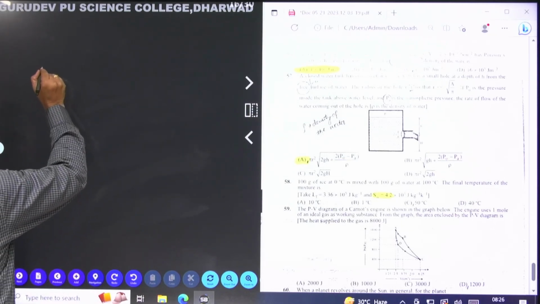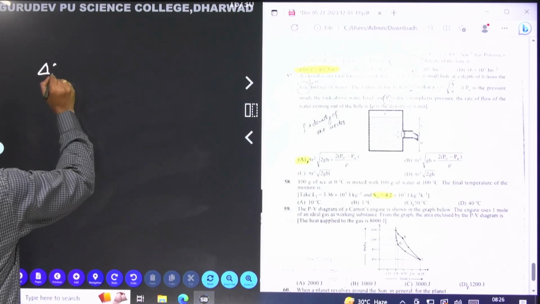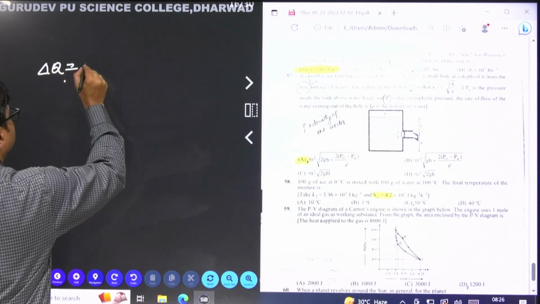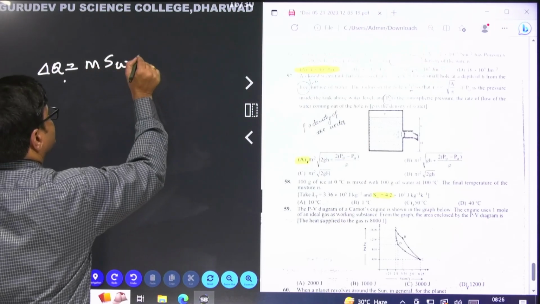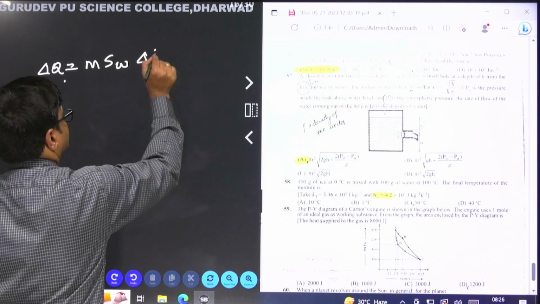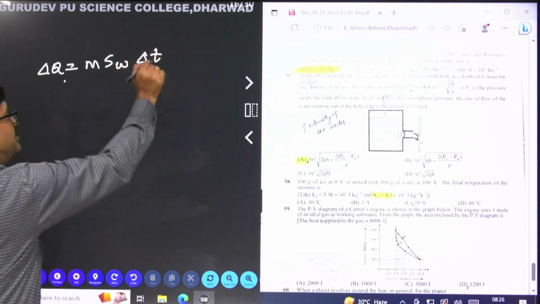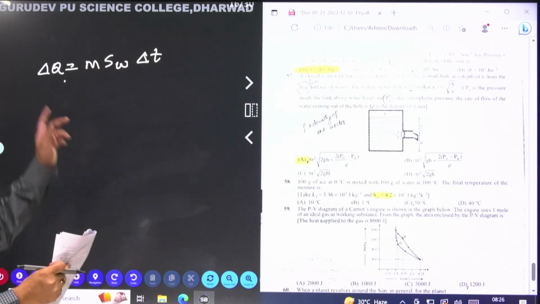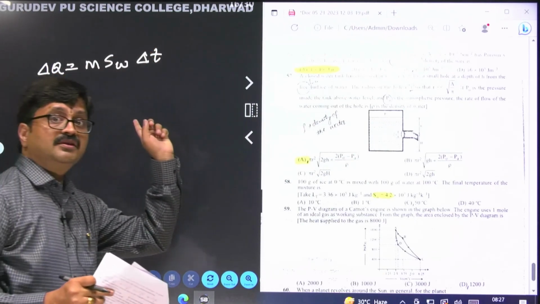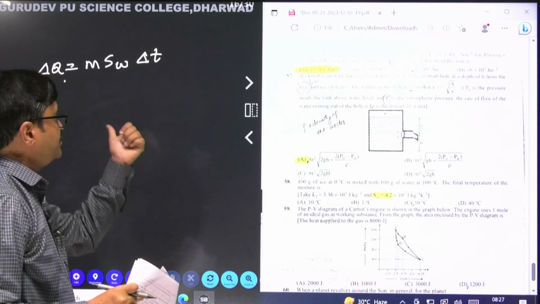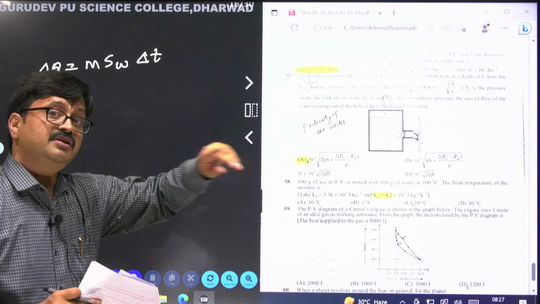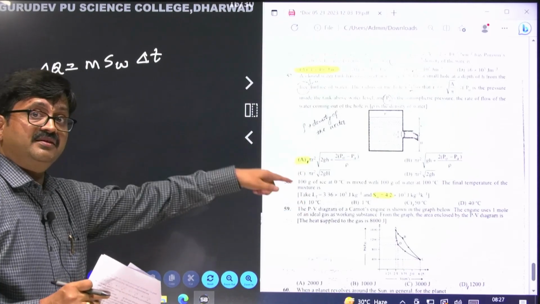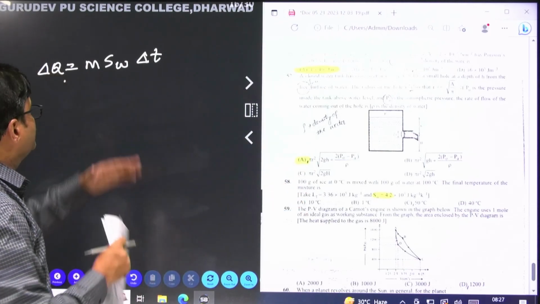So I'll just mention this delta Q is equal to mass into specific heat into delta T. Now we are supposed to find this value of delta T. So if you just put the value of delta Q as 2000 and mass as 100 plus 100, because 100 gram of ice plus 100 gram of water, it should be 200 here.